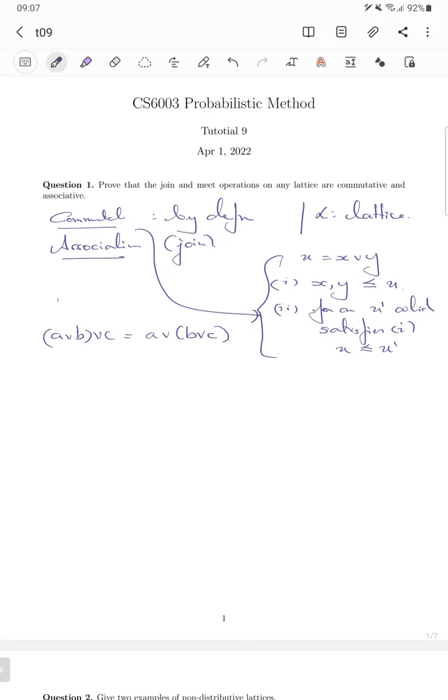Then let A, B, C be any 3 elements in the lattice. Yes, sir. Then we will assume the right side of the equation you have written. Okay, so right side is this. A join. Then, sir, by definition, it is equal to A join the supremum of B and C.